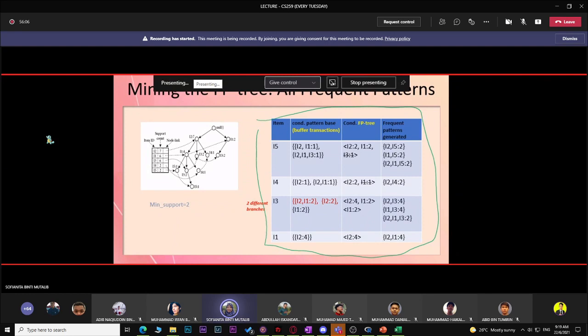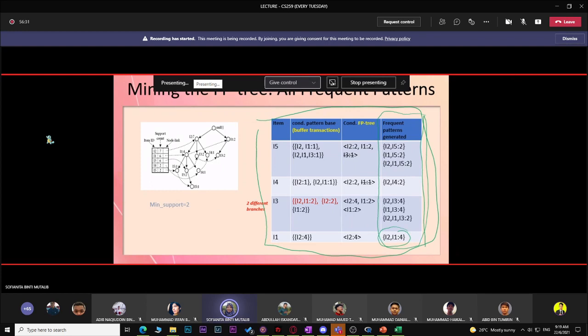Okay, and these are the frequent patterns generated. Okay. Kalau for example in exam, sometimes students get confused. Okay, apa yang keluarkan ini saja. Okay, because this is the last item that has been investigated.